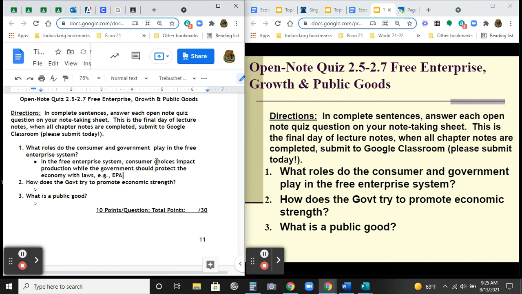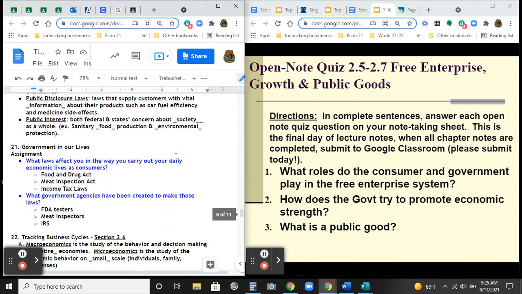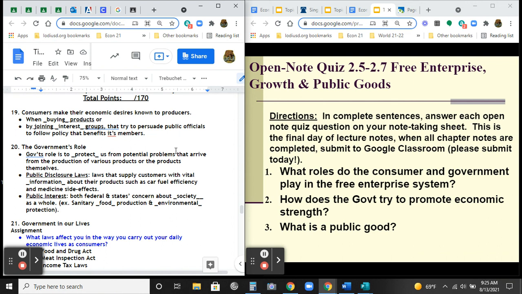Okay. Protect the economy? I don't know. That seems too general. The government should protect with information and policies such as the EPA, such as the Pure Food and Drug Act.